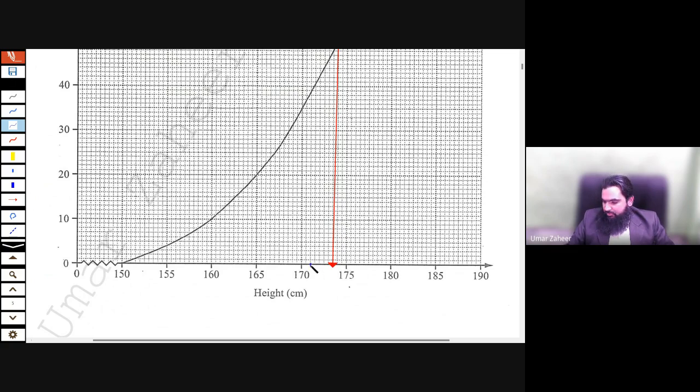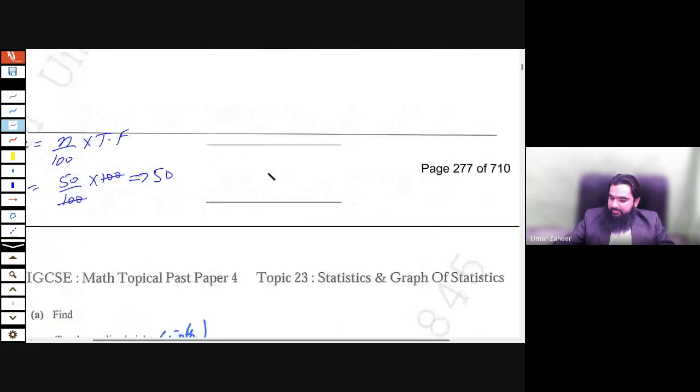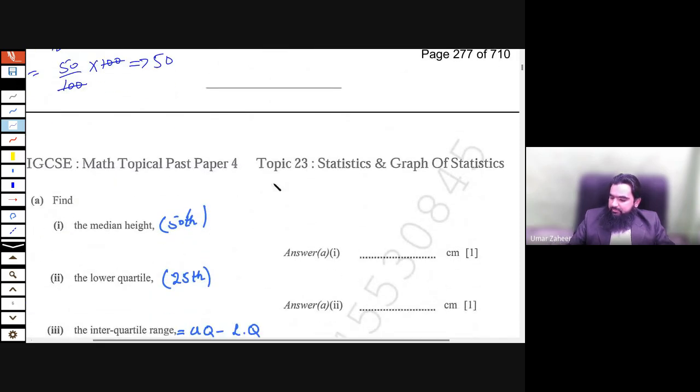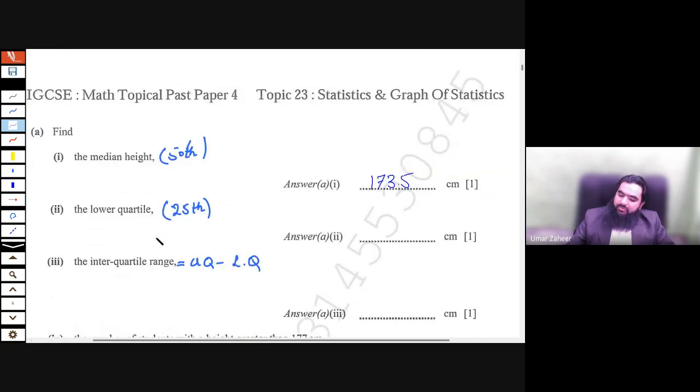So two blocks make 1: 171, 172, 173. So 173.5, because this is 174. So the median will be 173.5.